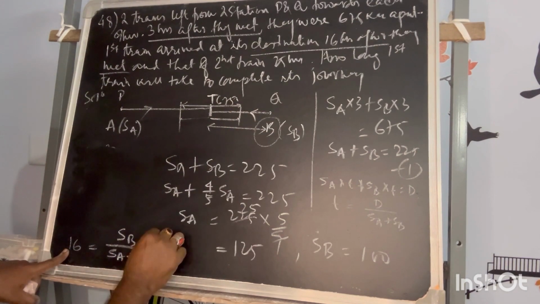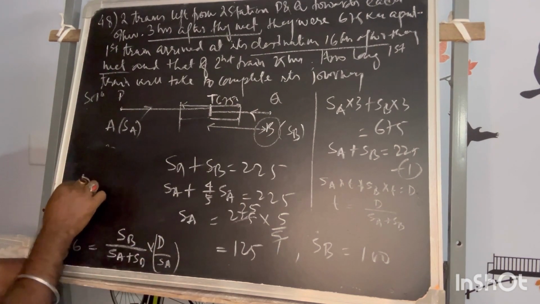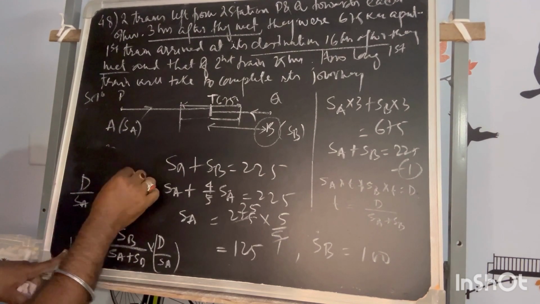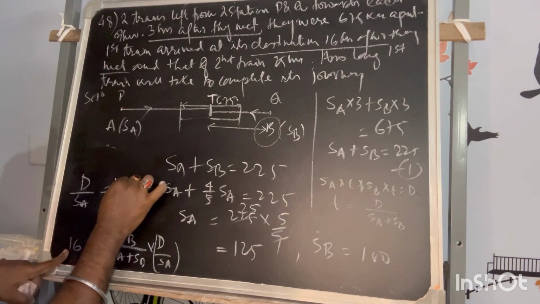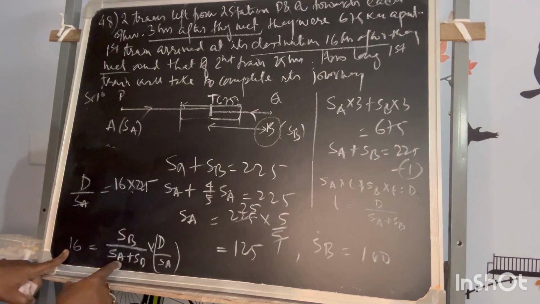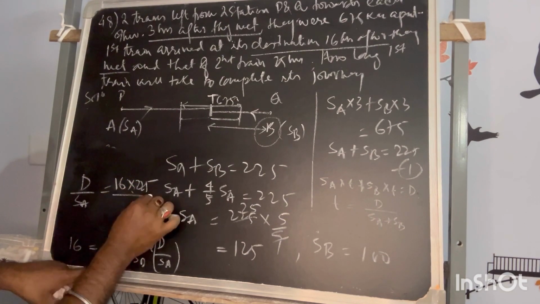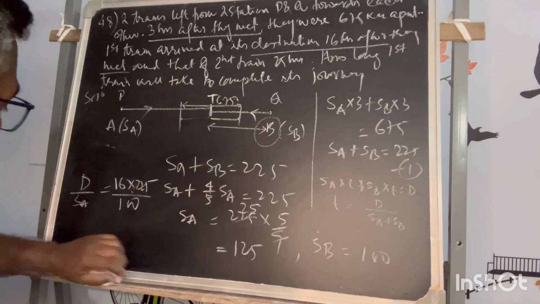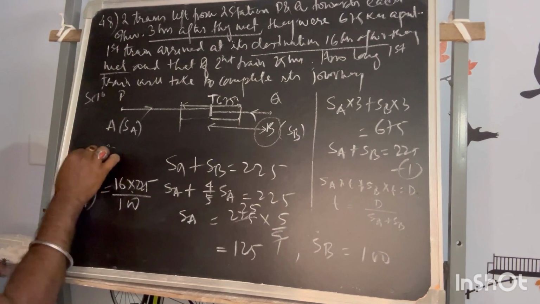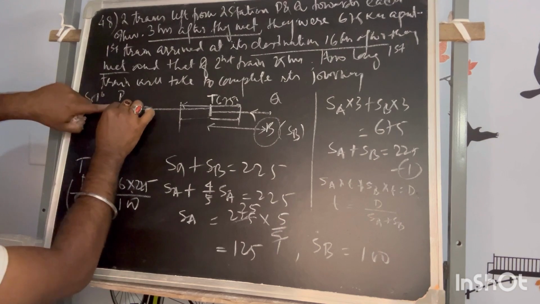So D by SA is how much? 16 into 225, SA plus SB divided by SB. Now SB you know is 100. So this will be the total time taken for A to move P to Q.